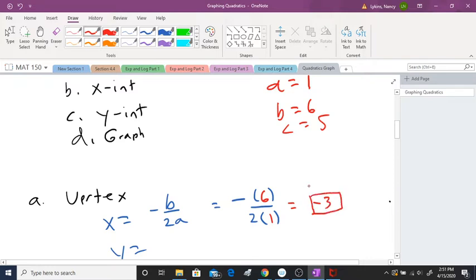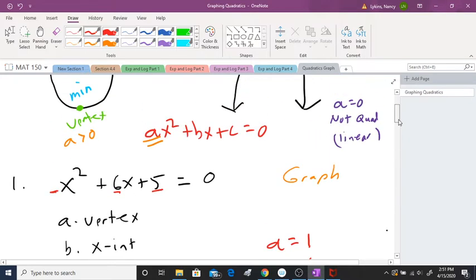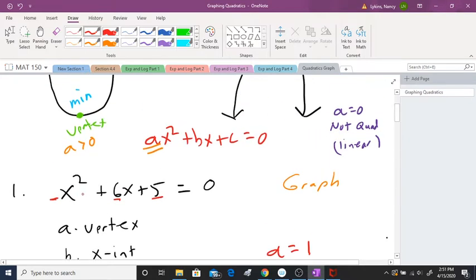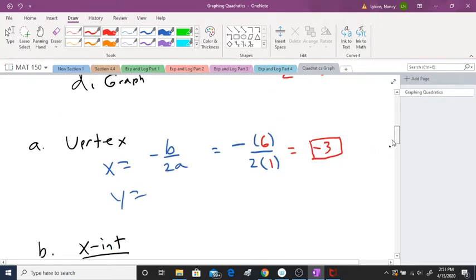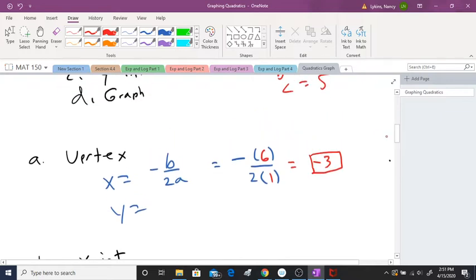Now this is the x coordinate of our vertex. If I'm trying to determine what our y value is, this is where you put the negative 3 in our original equation, x squared plus 6x plus 5, to get our y value.